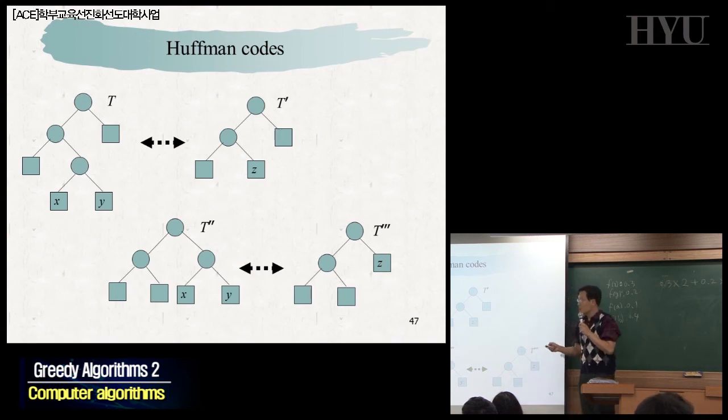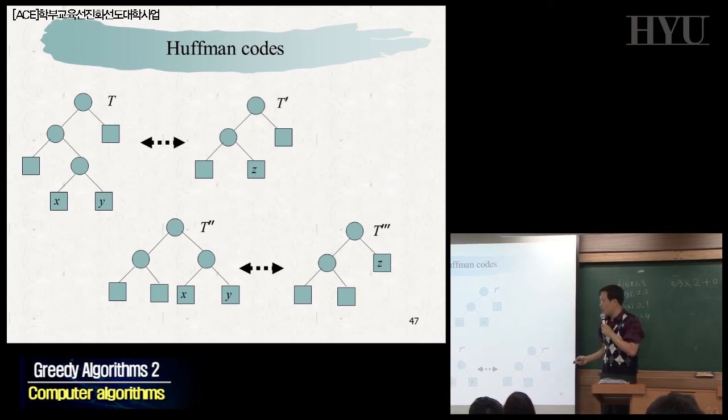Then, because this is not an optimal tree, there is an optimal tree with 4 leaves. And by the previous lemma, there is such a tree in which x and y are siblings. And let T double prime denote it.